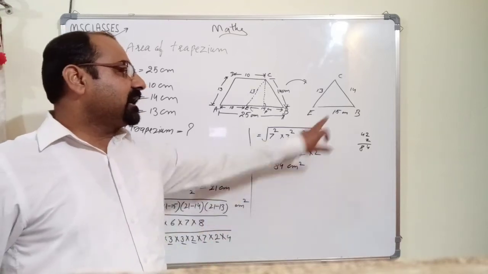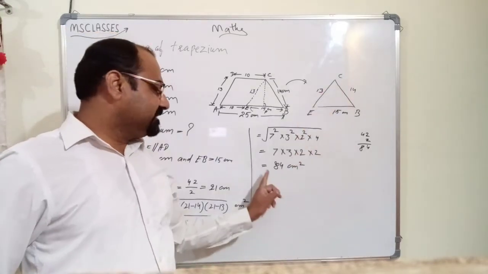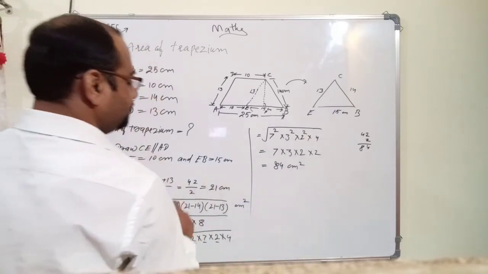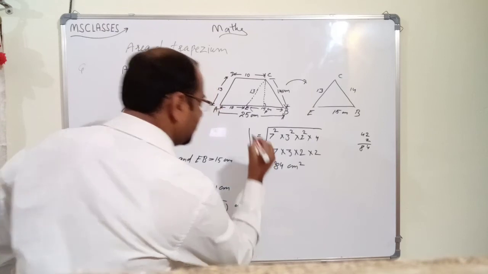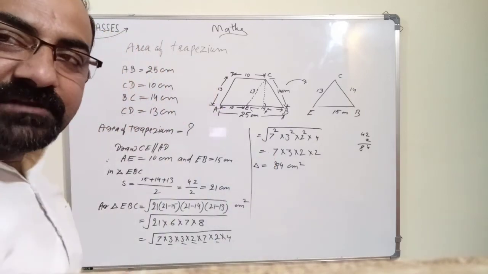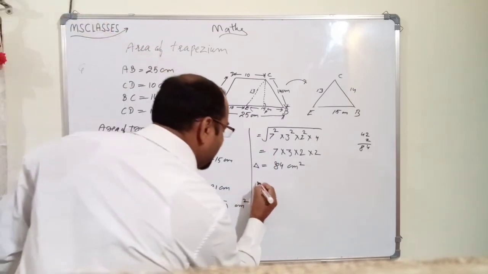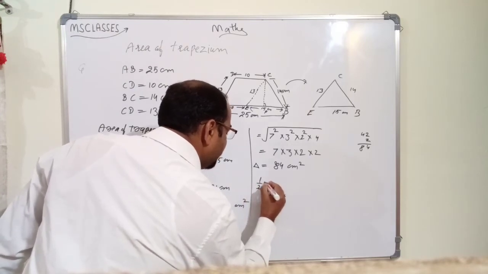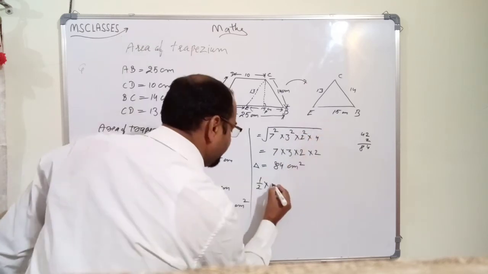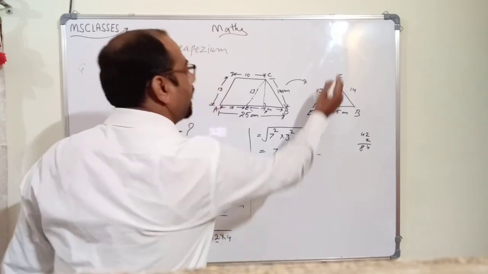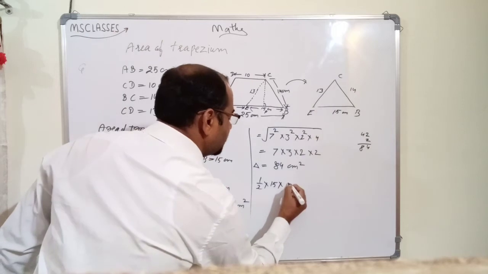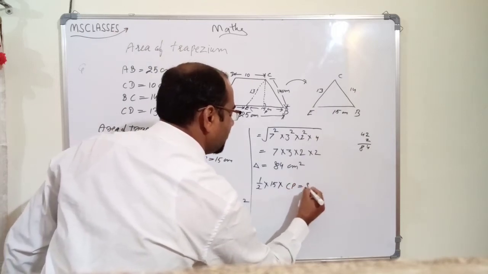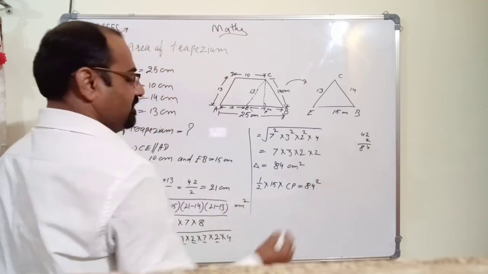So area of triangle EBC is 84 centimeter square, and this also is equal to half into base, base is equal to 15, into height, this is equal to CP, also 84 centimeter square.